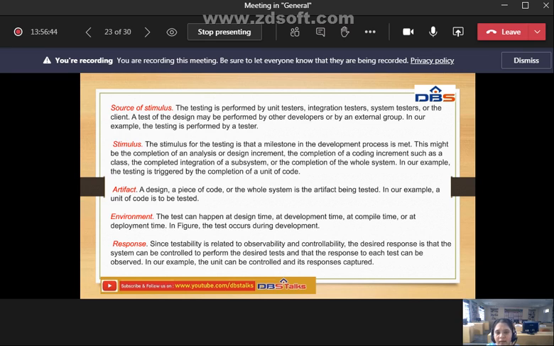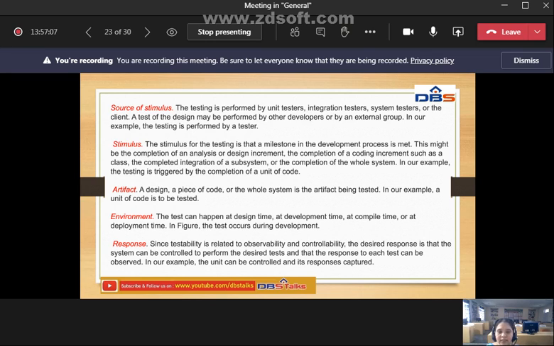A design, a piece of code or a whole system is the artifact being tested. We need to test according to module or overall among the modules. In our example, a unit of code is to be tested. According to our example, we need to test module wise, then we can embed them.